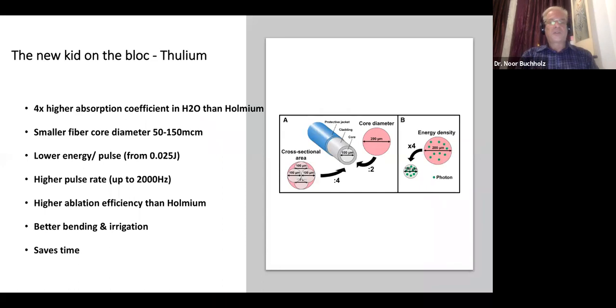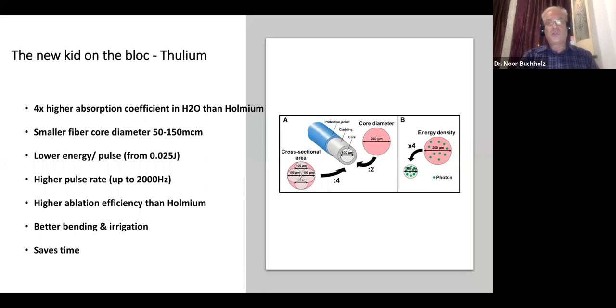Now, everybody talks about the new kid on the block, the thulium laser. Now, it is said that it has a 4 times higher absorption coefficient in water than holmium. It has certainly a smaller fiber diameter.